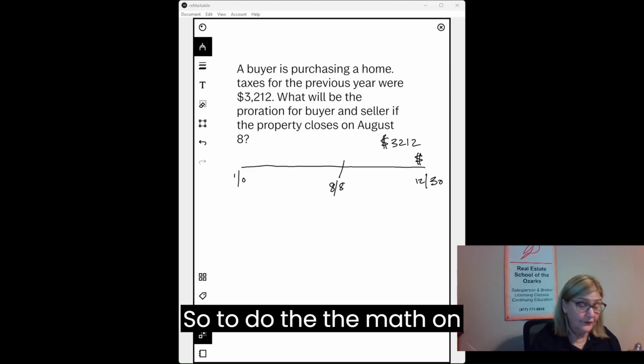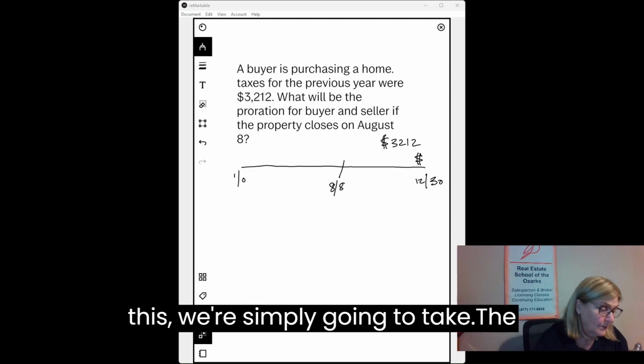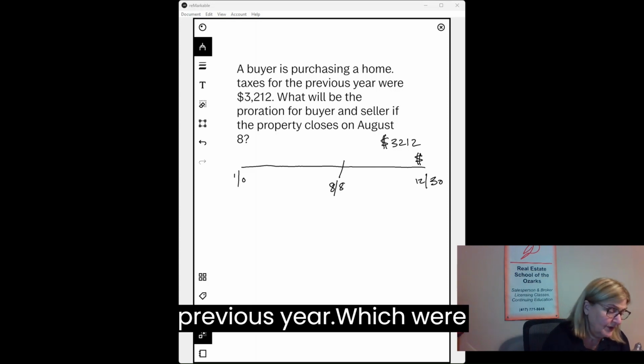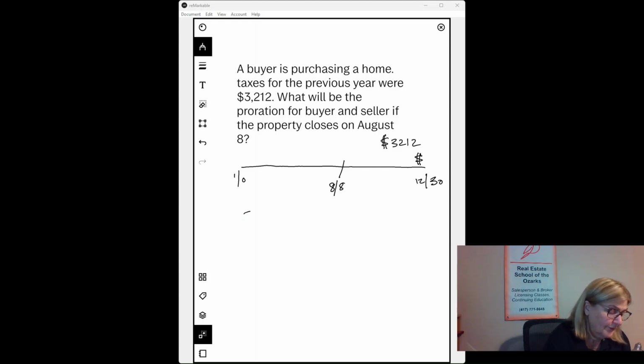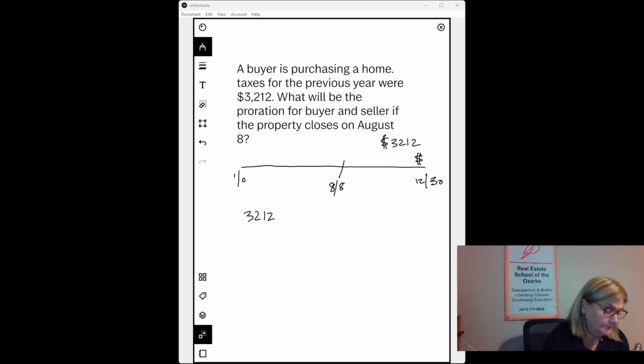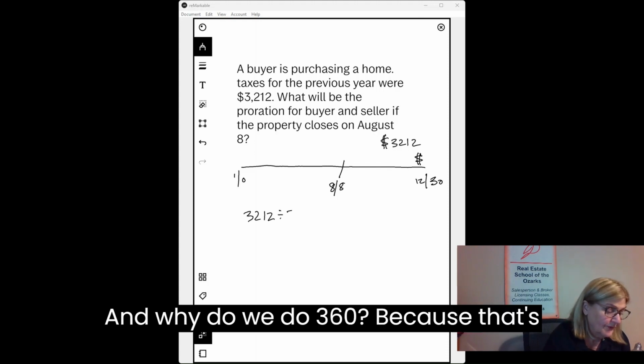So to do the math on this, we're simply going to take the taxes for the whole year from the previous year, which were $3,212, and we're going to divide that by 360. And why do we do 360?